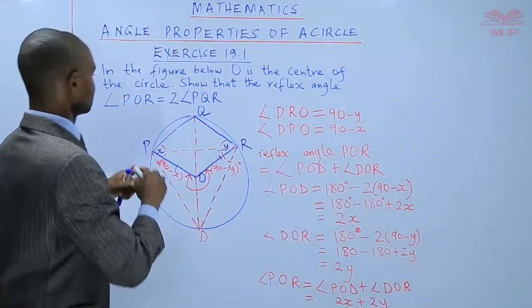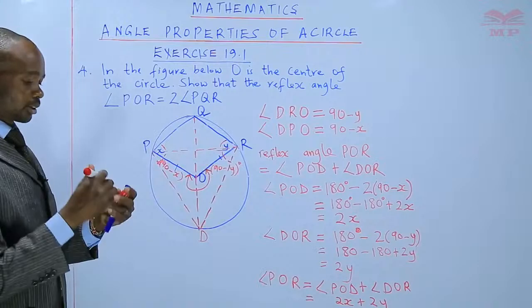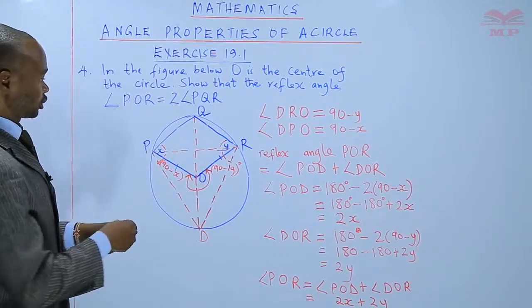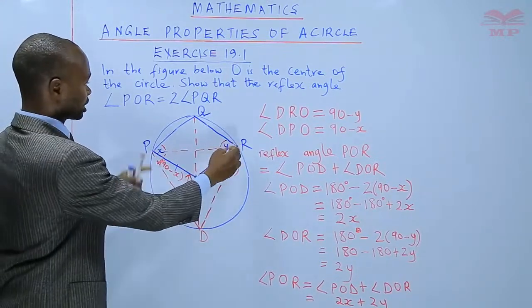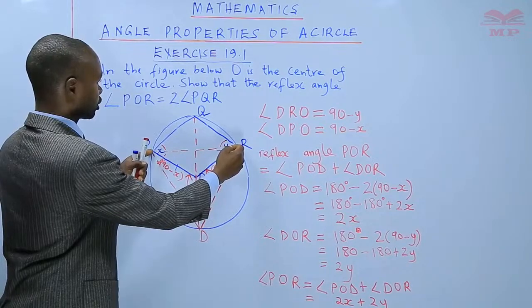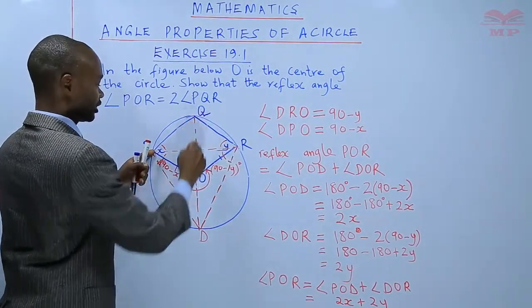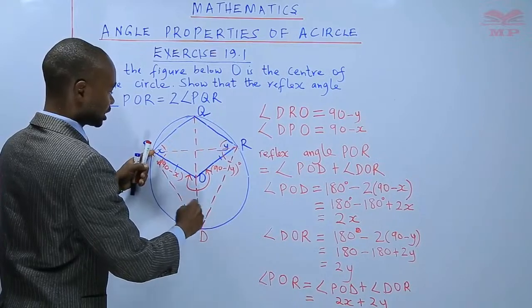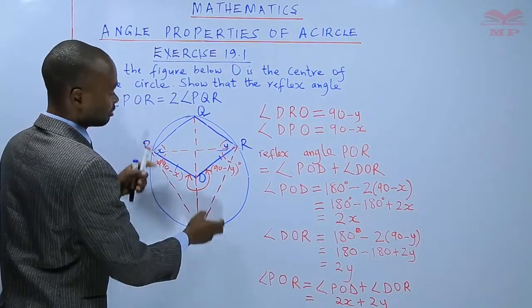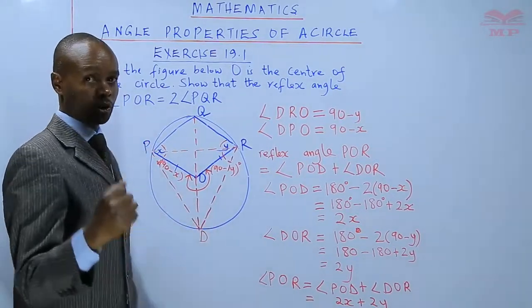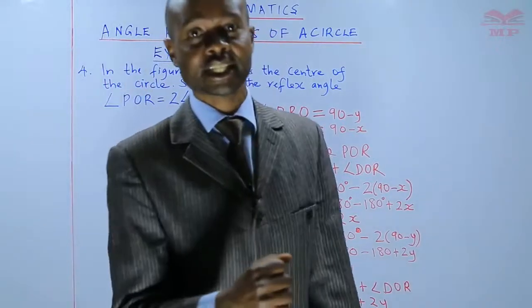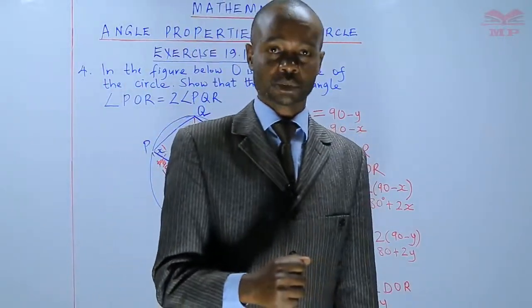Therefore, from that chord, we get a concept that the angle subtended by that chord in the minor segment added to the angle subtended by that chord in the major segment, they should give you 180 degrees.